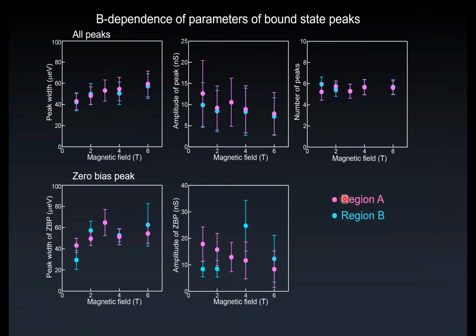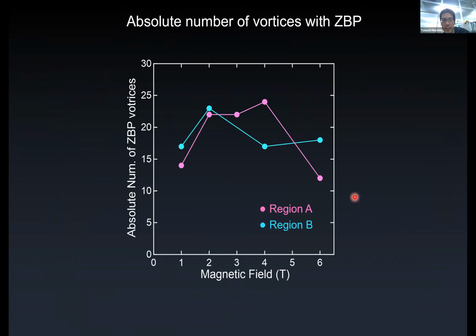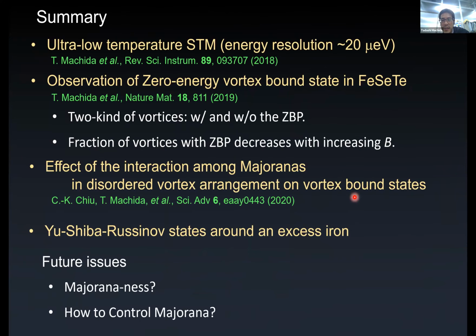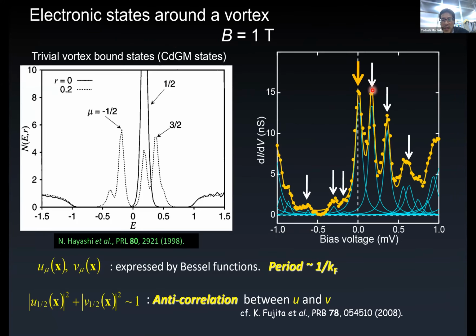Can you hear me now? Yes, now. In some of your plots, you showed some zero energy peaks along with some finite energy peaks as well. And I seem to remember that there was a strong particle-hole asymmetry in those plots. You mean the particle-hole asymmetry between this one and this one?